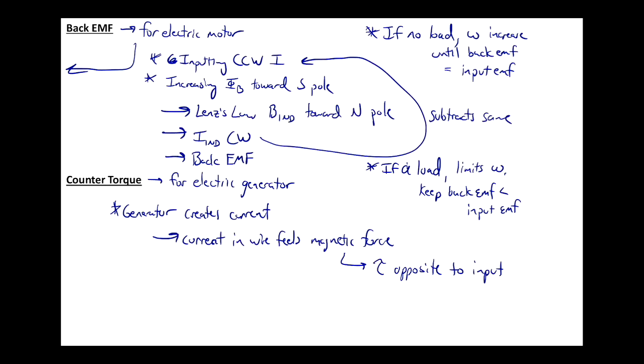And you can do the exact thing with the right-hand rule back on the previous 2 slides ago if you want to, and you'll see that the forces are working backwards. So once again, as it goes faster and generates more current, we can say that there is more counter torque.